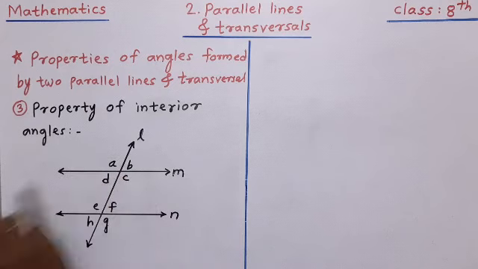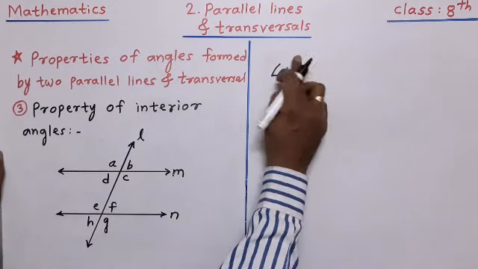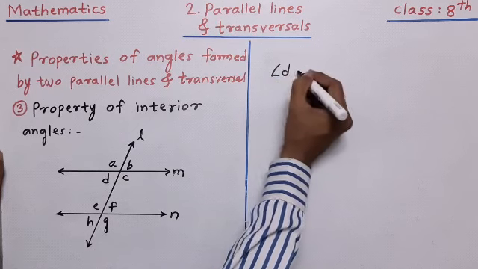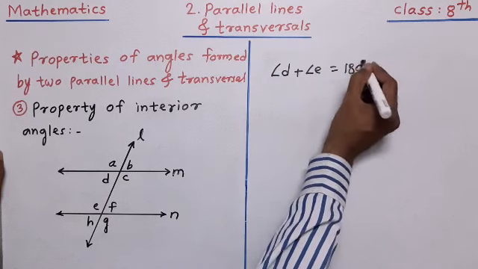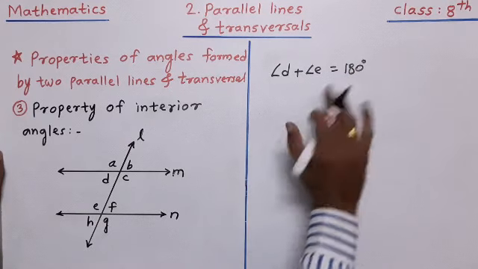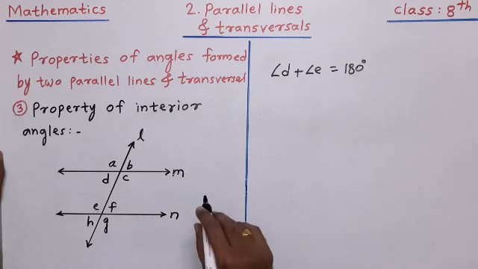So according to the property, what can we write? Here we can write angle D plus angle E is equal to 180 degrees. Means they are supplementary. These two are interior angles and they are supplementary.